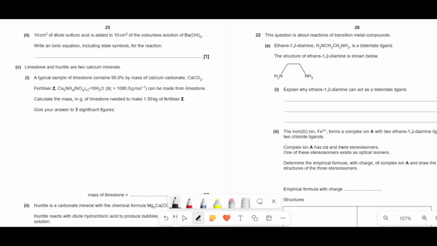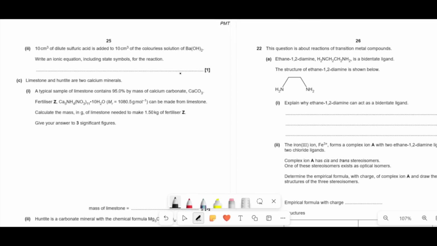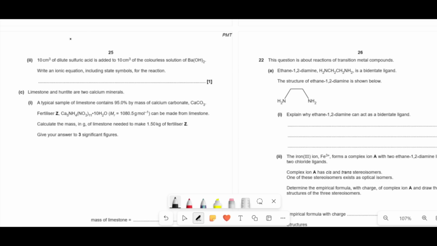There you go. So 10 centimeters cubed of dilute sulfuric acid is added to 10 centimeters cubed of this solution. Write an ionic equation including state symbols for this reaction. So what's going on here is, if you quickly sketch it, BaOH2 plus H2SO4 gives you BaSO4 solid plus H2O liquid, acid plus base makes salt plus water, right?